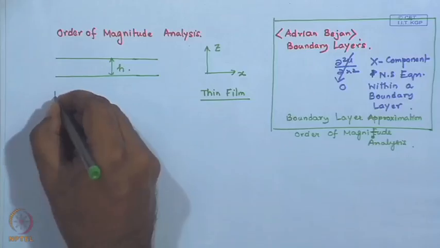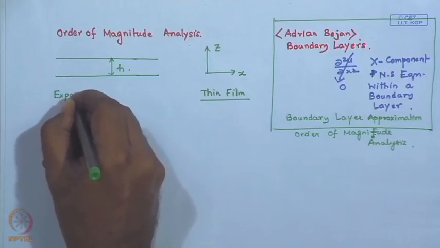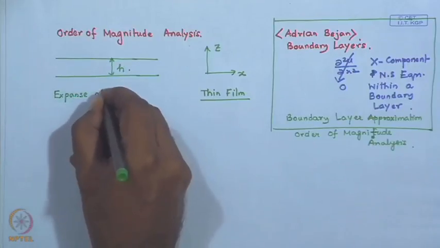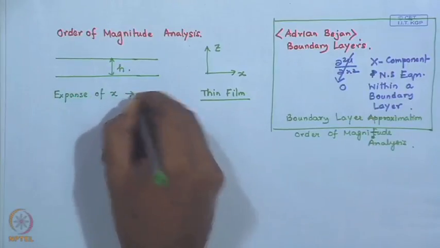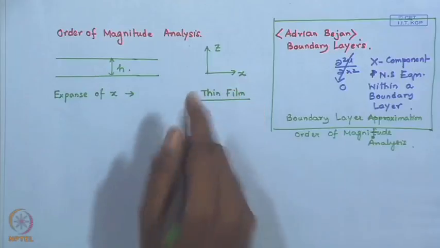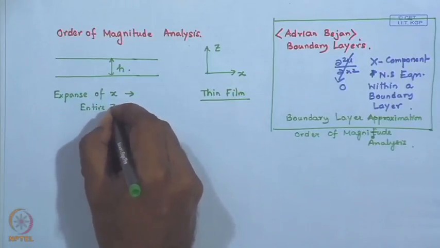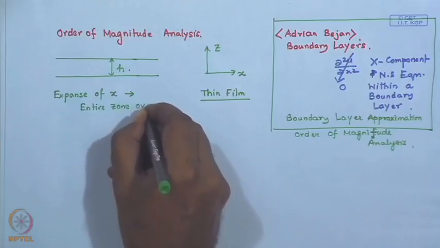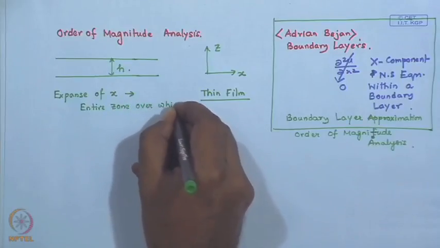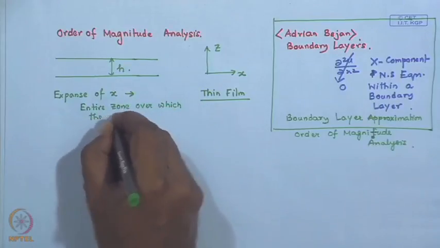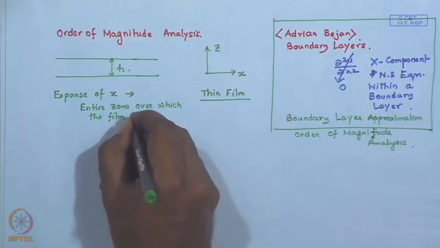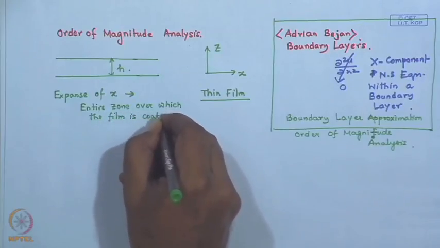So, your x stretches over the entire zone over which the film is coated.